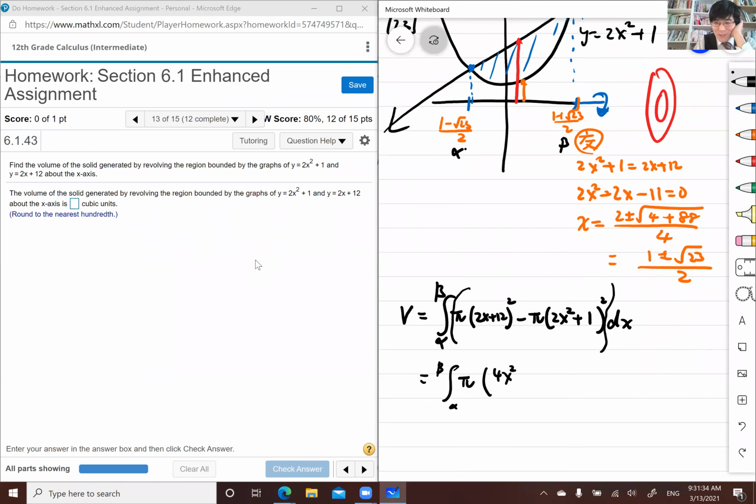So it's going to be 4x squared plus 48x plus 144 minus 4x to the fourth minus 4x squared minus 1. So it's going to be minus 4x to the fourth, this is gone, plus 48x plus 143.